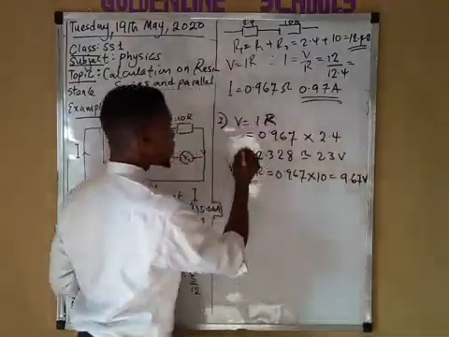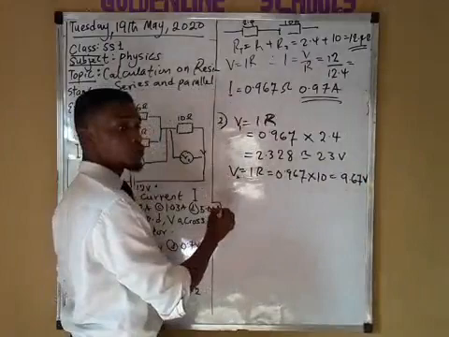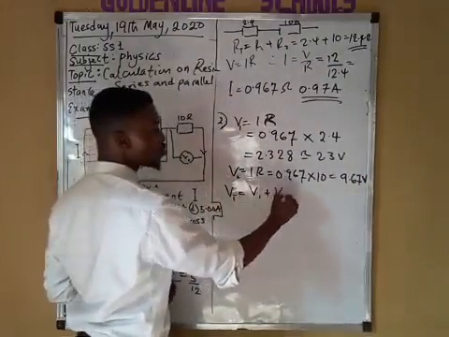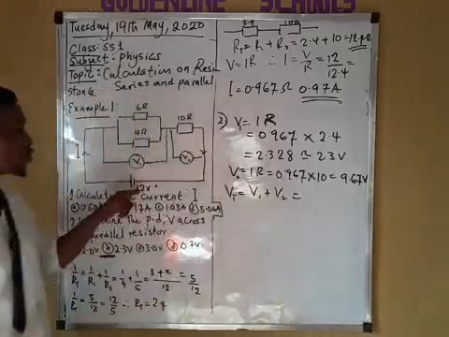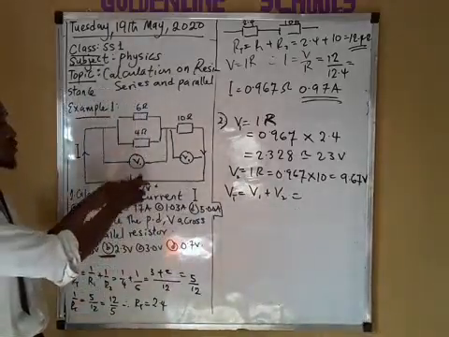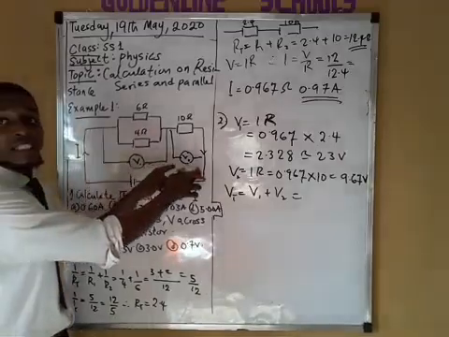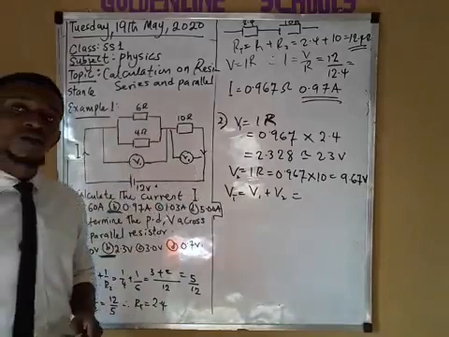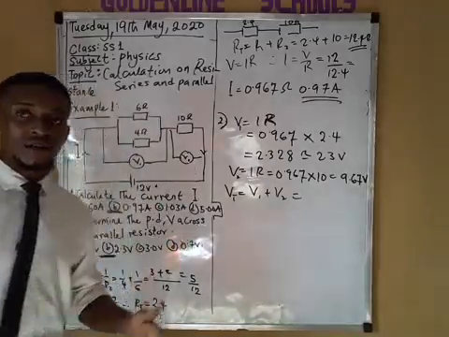Now let's call this V1 and let's call this V2. Your V_T, if you add V1 and V2, you would have a value of 12 volts, telling you that the 12 volts is shared between this and this. So that is how you calculate your current and voltage in resistors.